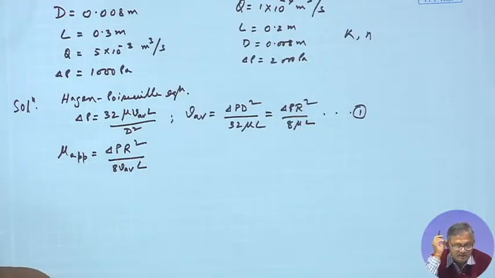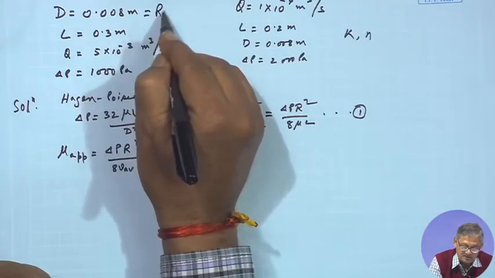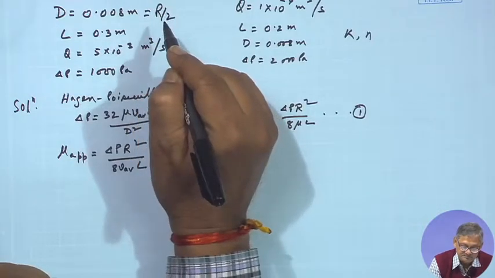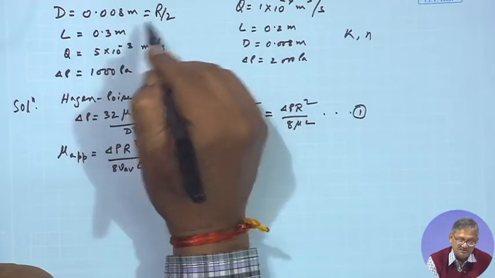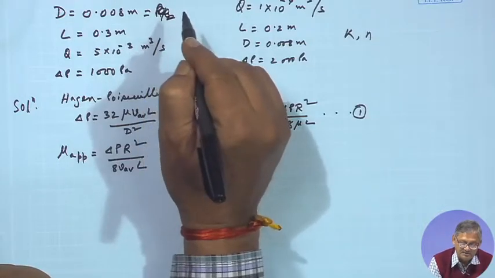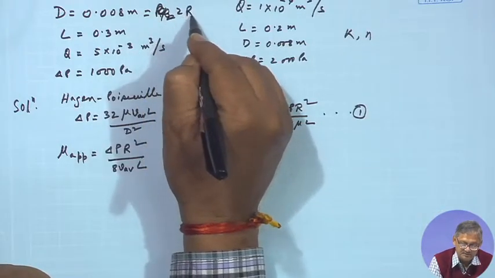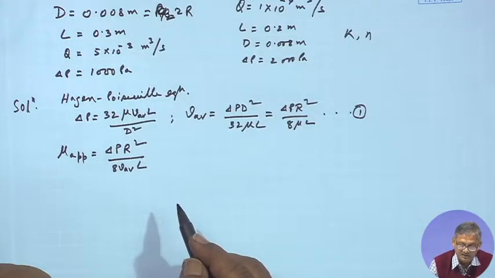Given D is so much, so D is equal to 2R, it should not be R by 2, it is equal to 2R, right.